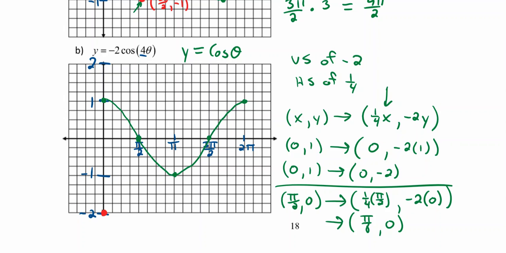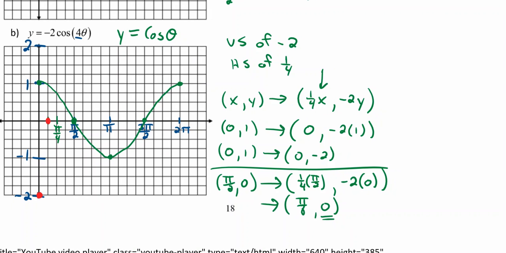All right, so where is that? Our y value is 0, so I know I'm on the x-axis. If you go half of pi over 2, where would that be? That would be pi over 4, right? That'd be half of pi over 2. So pi over 8 would be in between those, right there. Okay, so that's where I'm at in that one.